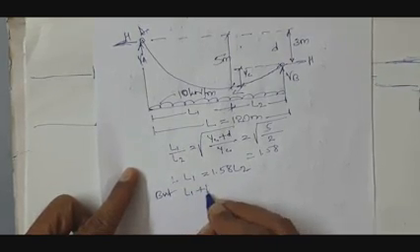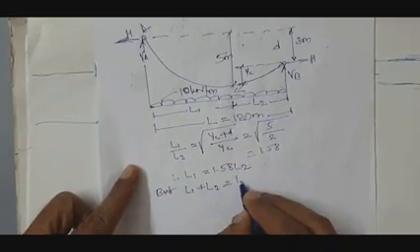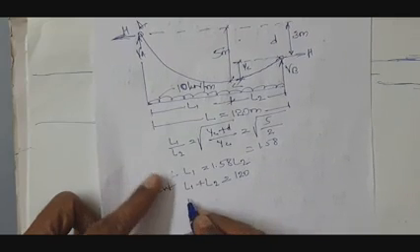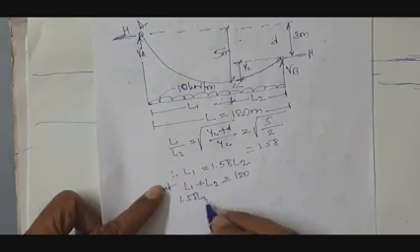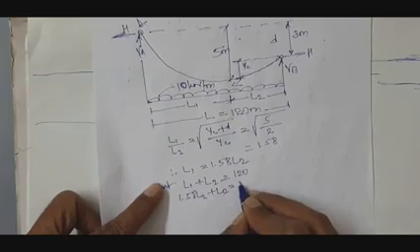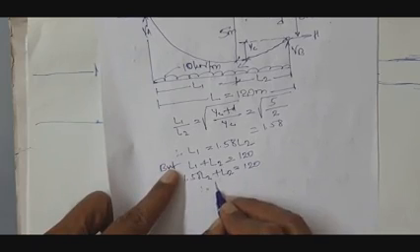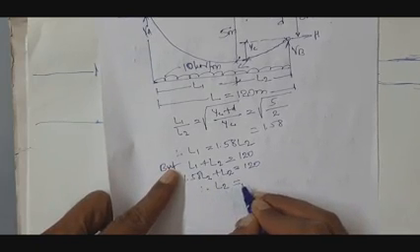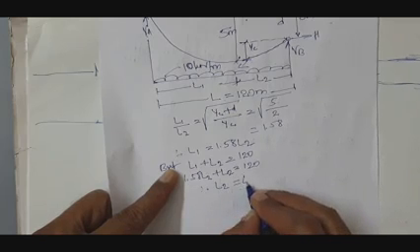But what we know now is L1 plus L2 equals 120 meter. So 1.58 L2 plus L2 equals 120 meter. If you simplify for L2, you get 46.5 meter.